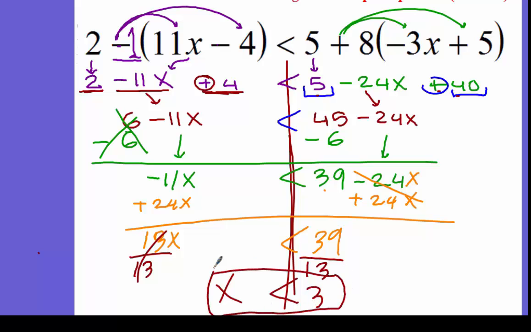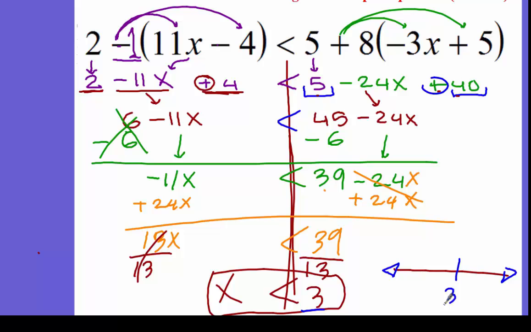For example, I don't have a number line on here. I say, hey, how do you write this on the number line? You draw your number line. You have a line with an arrow going that way and an arrow going this way. We are looking at this number 3, so let's call this a 3.